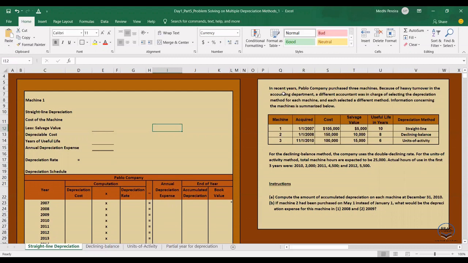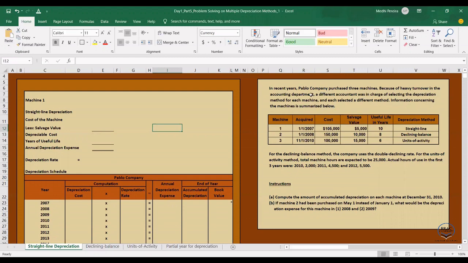So it says that in recent years, Pablo Company purchased 3 machines. Because of heavy turnover in the accounting department, a different accountant was in charge of selecting the depreciation method for each machine, and each selected a different method. Information concerning the machines is summarized below.